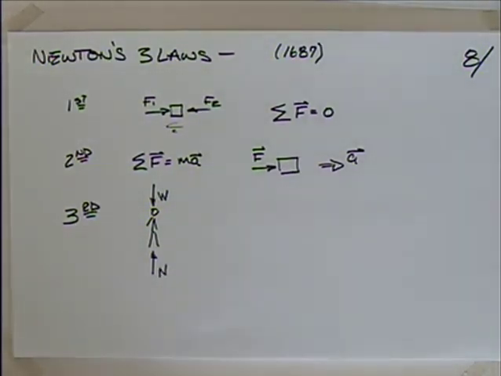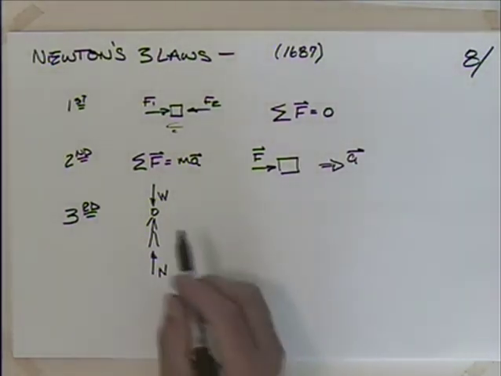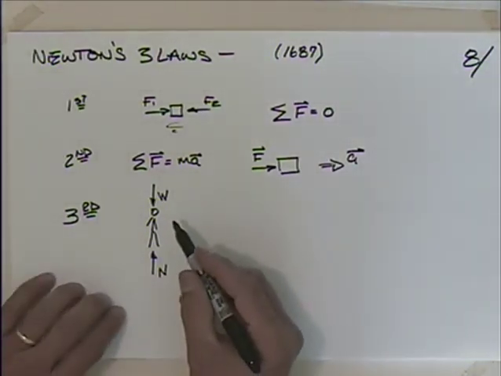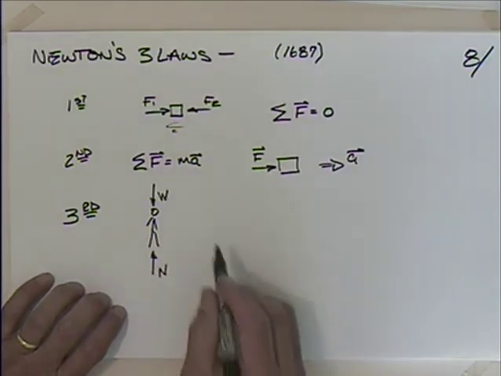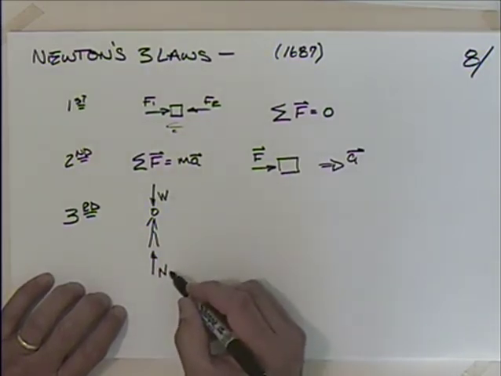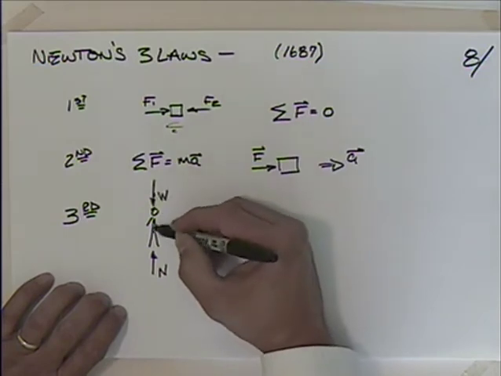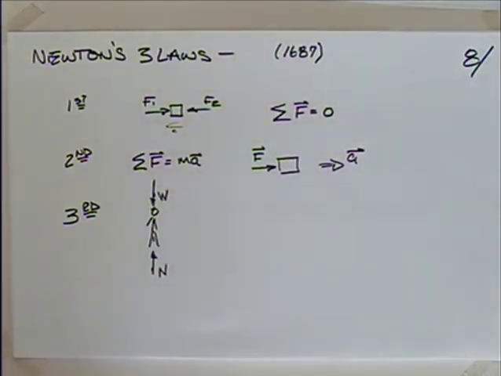If you're not accelerating up or down, we know that these forces are equal, that this force down has to equal this force up. They're opposite, this one pointing down, that one pointing up, and they are collinear. They are in a line. If they're not collinear, you're going to start to rotate.